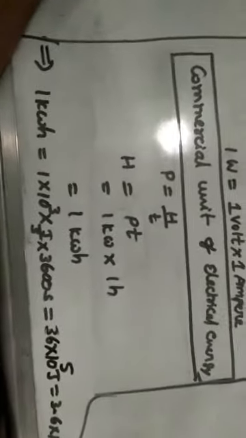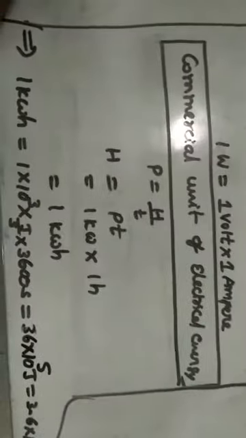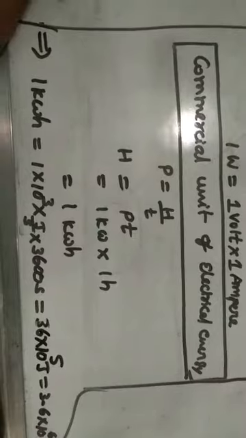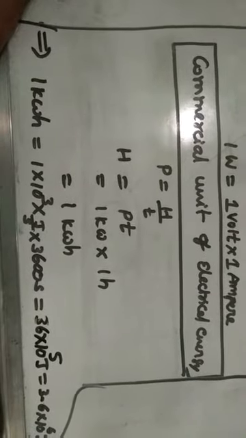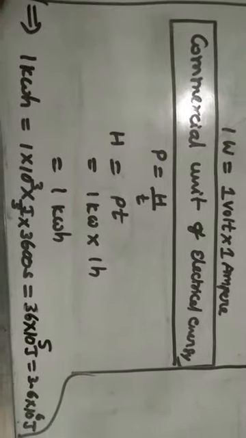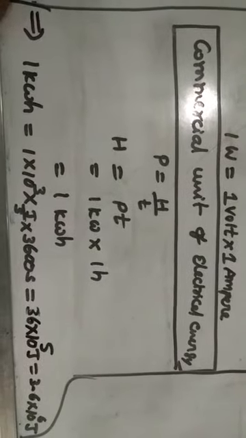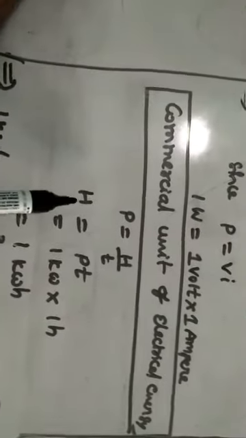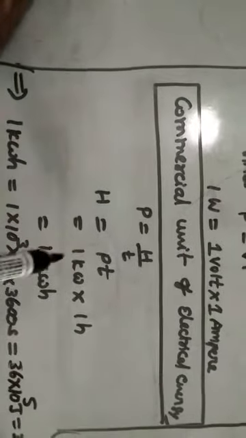Check it. Next, commercial unit of electric energy. What is this commercial unit? Commercially, we are using electric energy in our houses. So power is equal to electric heat energy by time, so heat energy equals power into time.